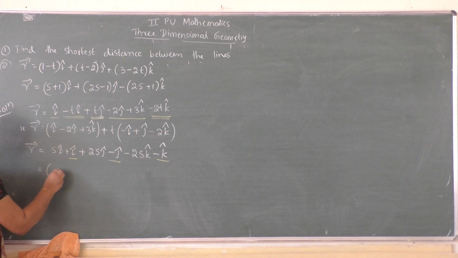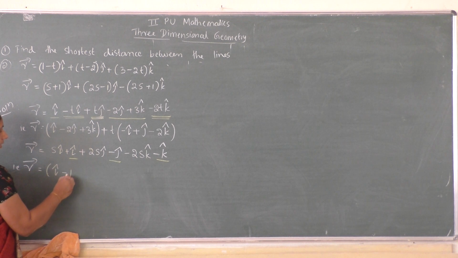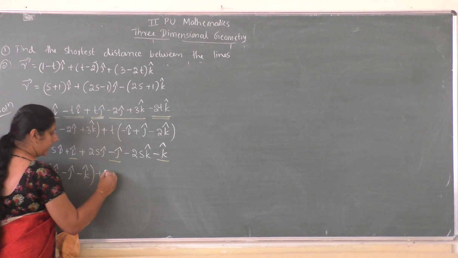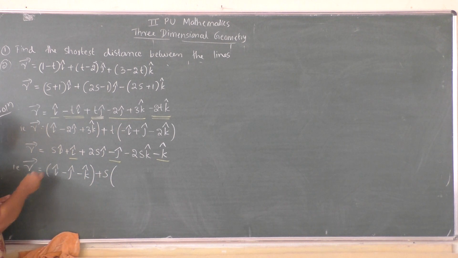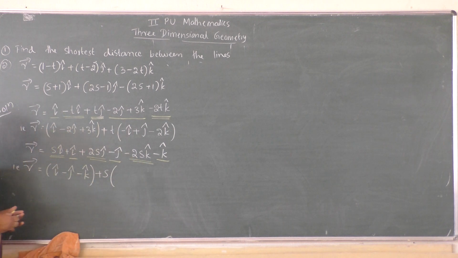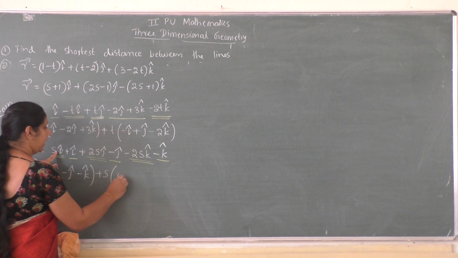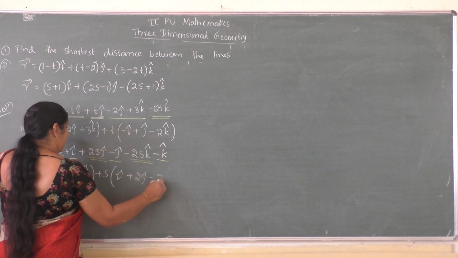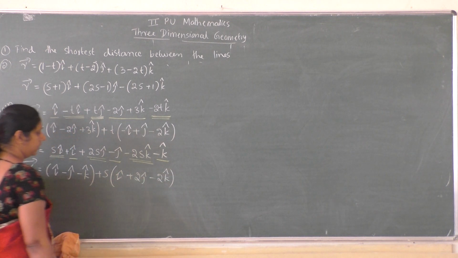So first write those terms together, that is r vector equal to I cap minus j cap minus k cap. Now take s common from the remaining terms, that is from these three terms you have to take s outside, then the remaining terms will be I cap, plus 2j cap and minus 2k cap.